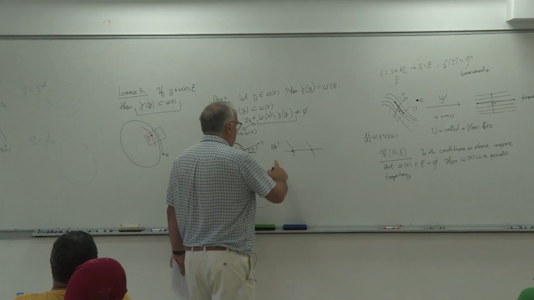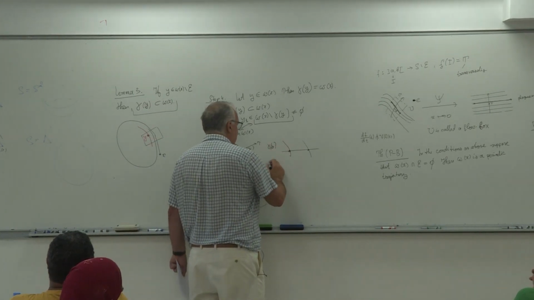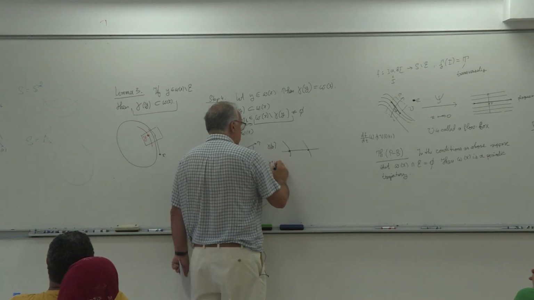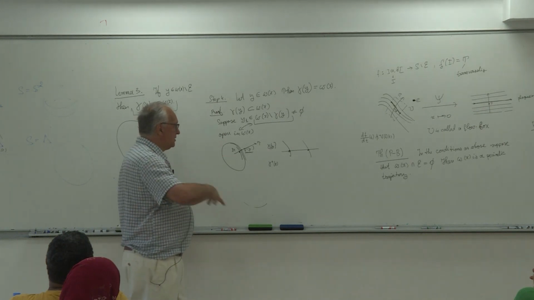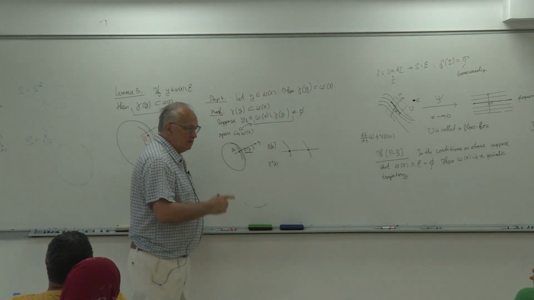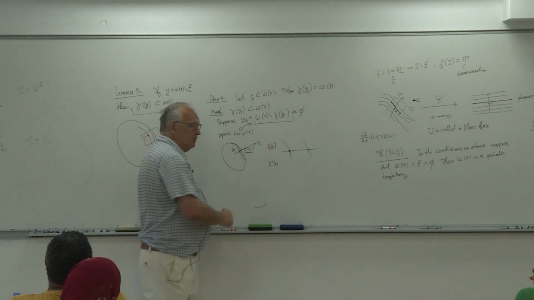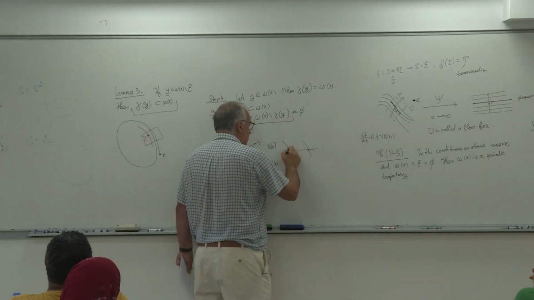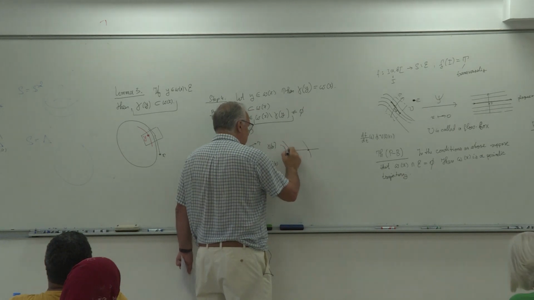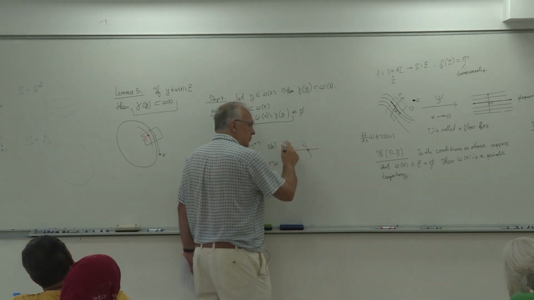So gamma plus of x, this trajectory which has as its limit this omega x, should intersect somewhere here and somewhere here many times.